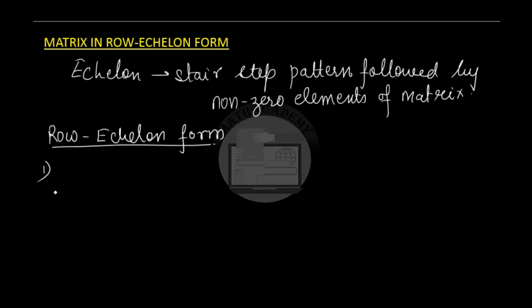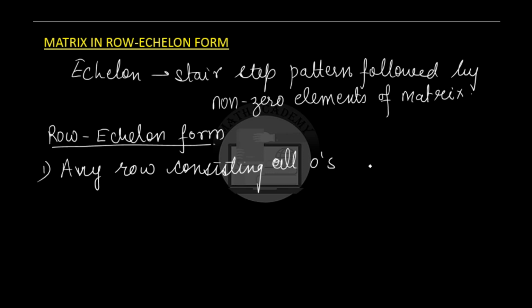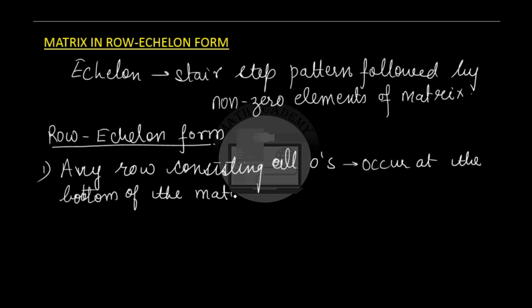The first property is that if there is any row consisting of all zeros, then it has to occur at the bottom of the matrix. So if a particular row has all elements zero, then that should be the last row of the matrix.